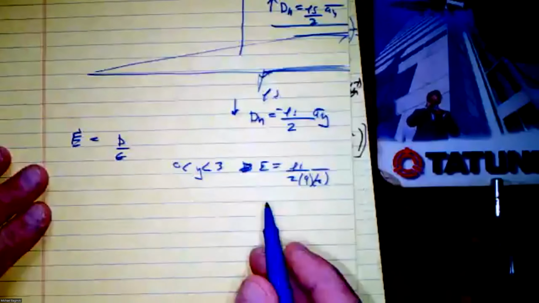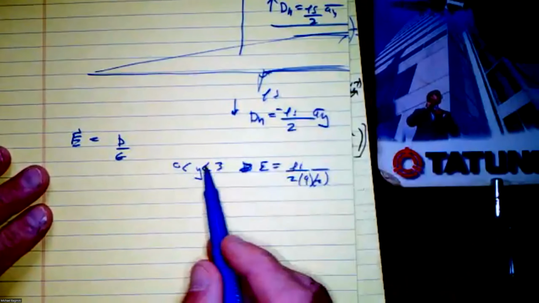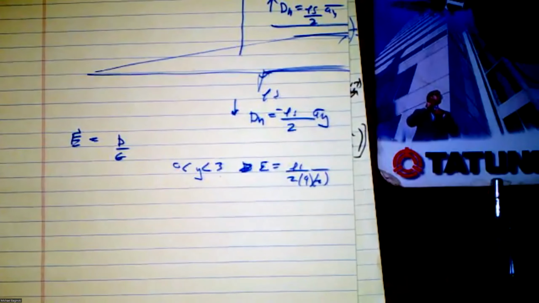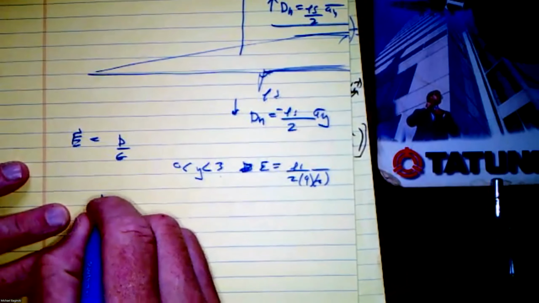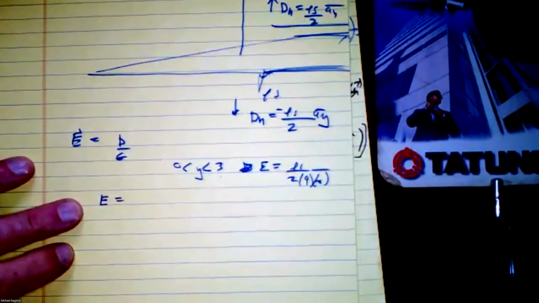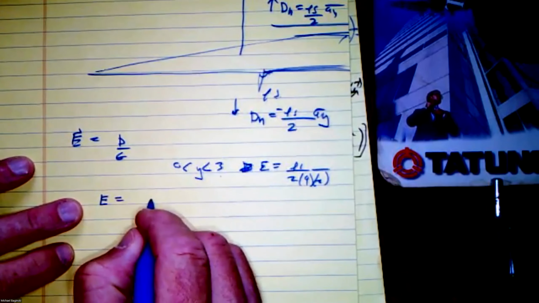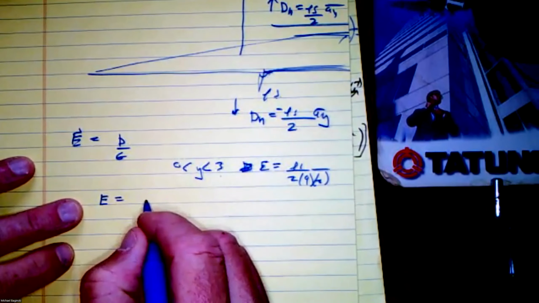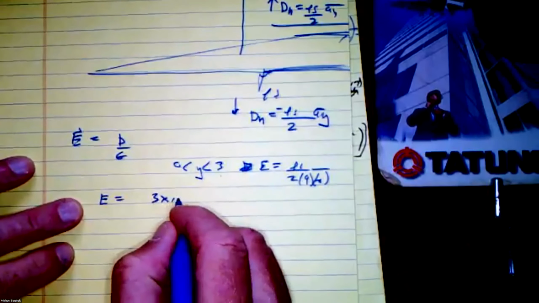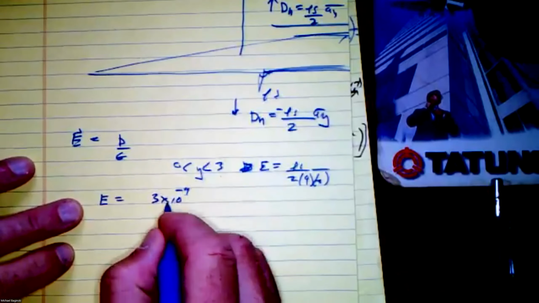So that means the E field between these regions, between 0 to 3, man, this is a pain looking at that. The E field itself would be equal to rho s, which is 3 times 10 to the minus 9, it's 3 nanocoulombs per meter squared.